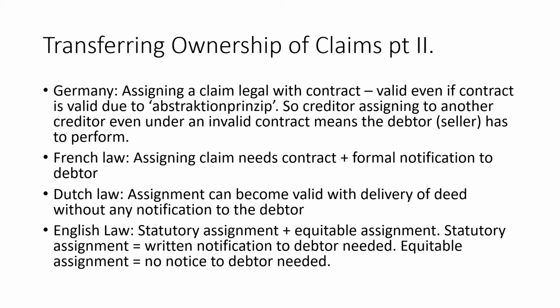Here you'll see that to transfer ownership of claims, different legal systems have different requirements. In Germany, to assign a claim, you need a contract. In France, you need a contract and a formal notification to the debtor. In Dutch law, you just need delivery of the deed. And in English law, you need statutory assignment or equitable assignment.